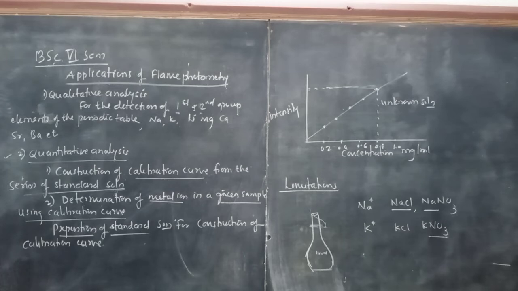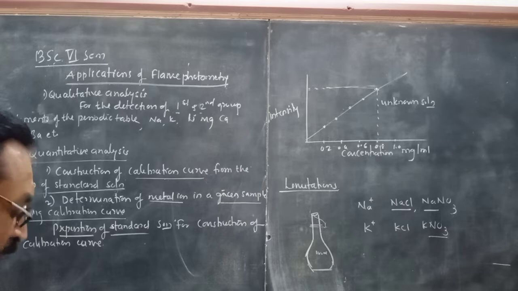And here it contains about 1 milligram per ml of the solution. This is referred to as a stock solution. One thing we have to remember is that in 1 ml, 1 milligram of the metal ion is present.